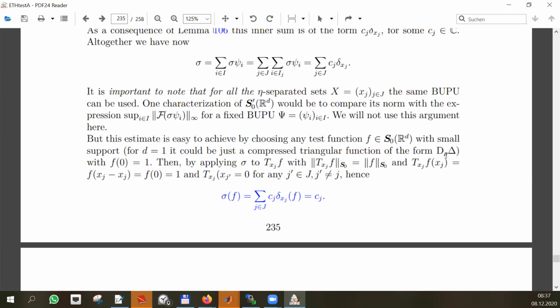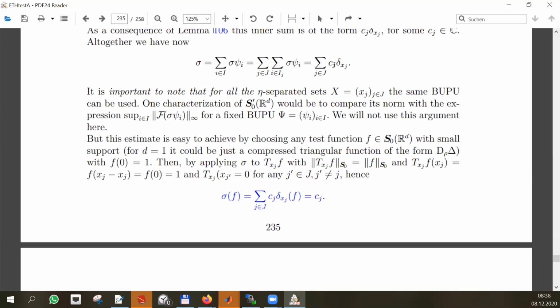So if this function is moved to a point, so we are taking Txj of that function, it has the peak of the compressed triangular function exactly at the point xj. So Txj of f, or of the compressed delta function, is exactly 1. But on the other hand, if you apply this sigma to this function, you get cj times the value, which is 1.